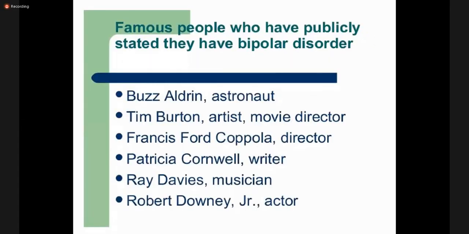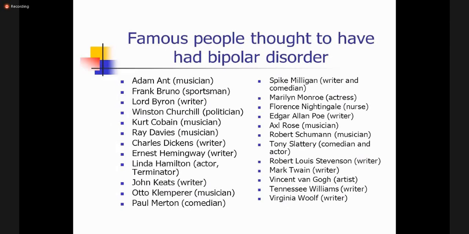Here are some famous people who have publicly stated they have bipolar disorder. There are some interesting facts. Some of the people in this list did not just have bipolar disorder. Some of them had schizophrenia as well.